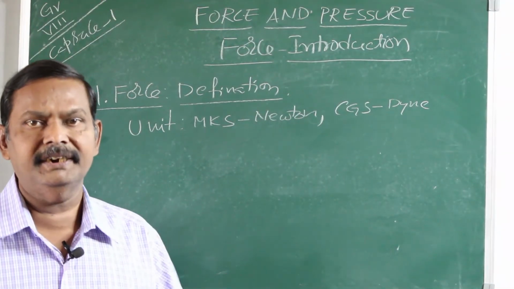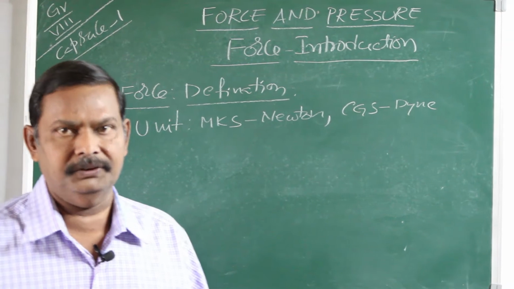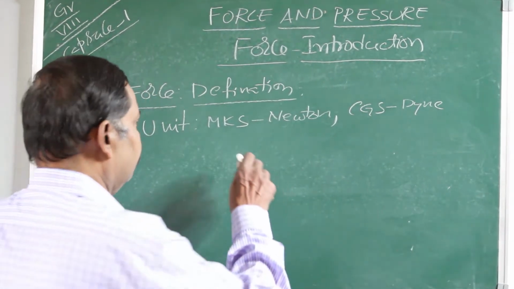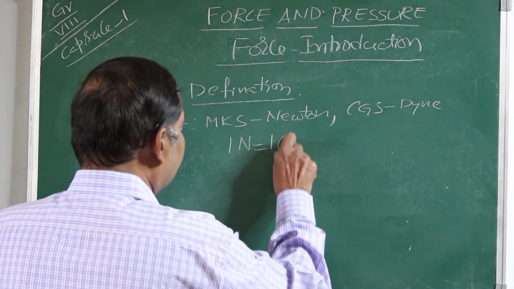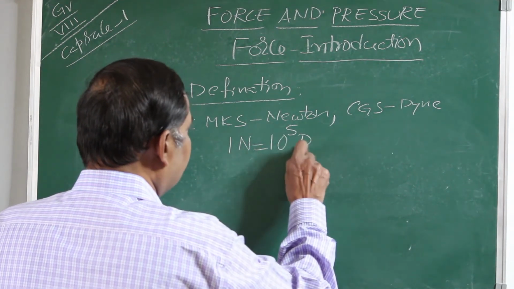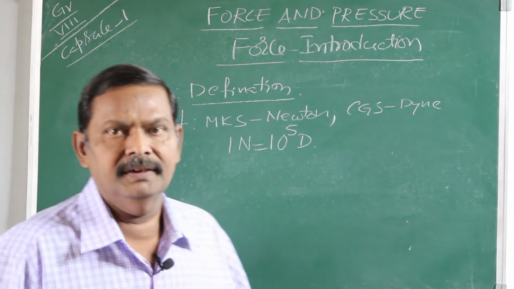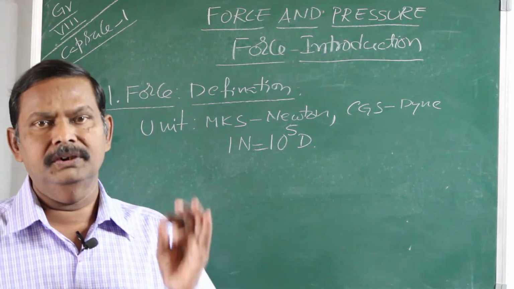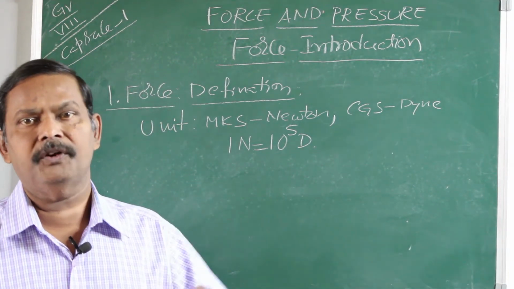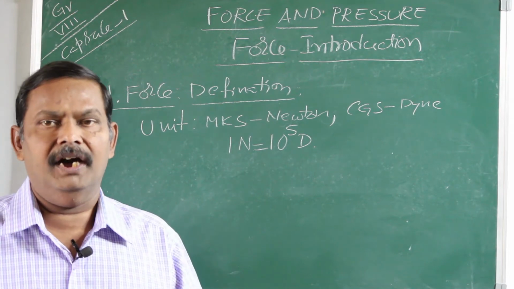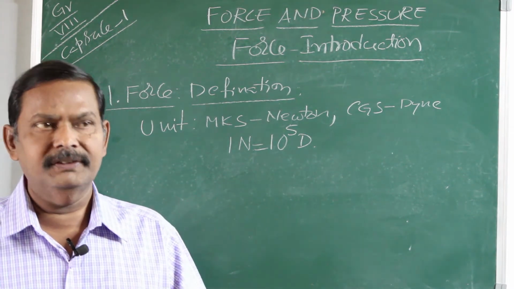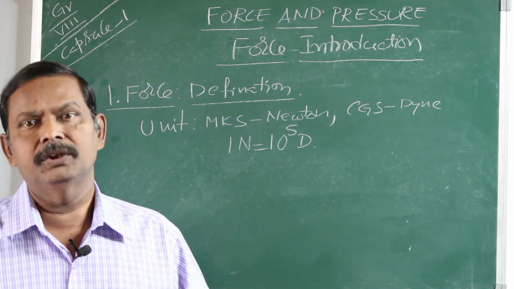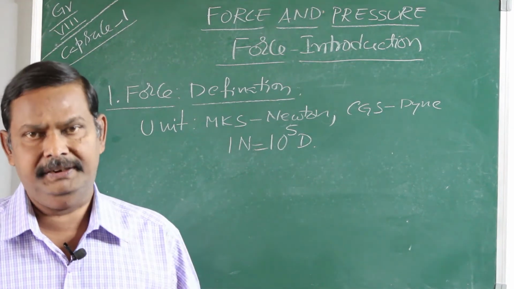And there is a relation between Newton and dyne also. That is, 1 Newton is equal to 10 to the power of 5 dynes, or 1 dyne is equal to 10 to the power of minus 5 newtons. So this is the relation between Newton and dyne.